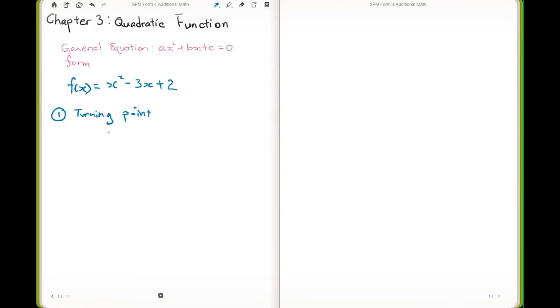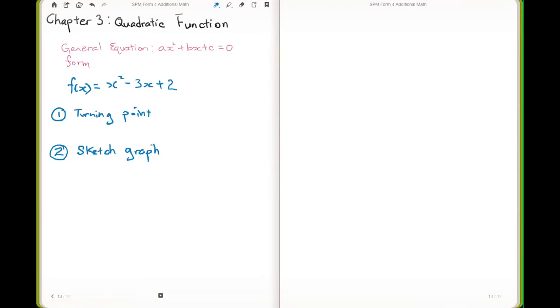Once you know how to get a turning point by using completing square, which I showed you in the previous chapter, you may browse to my Chapter 2. After you know how to find a turning point, you make use of the information from the turning point to sketch a graph.